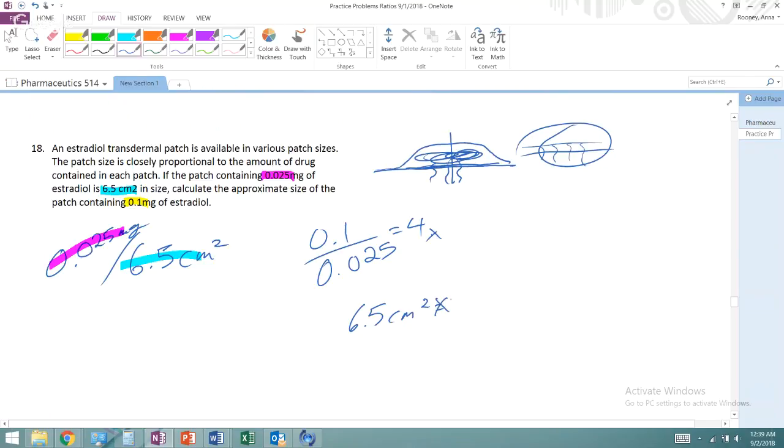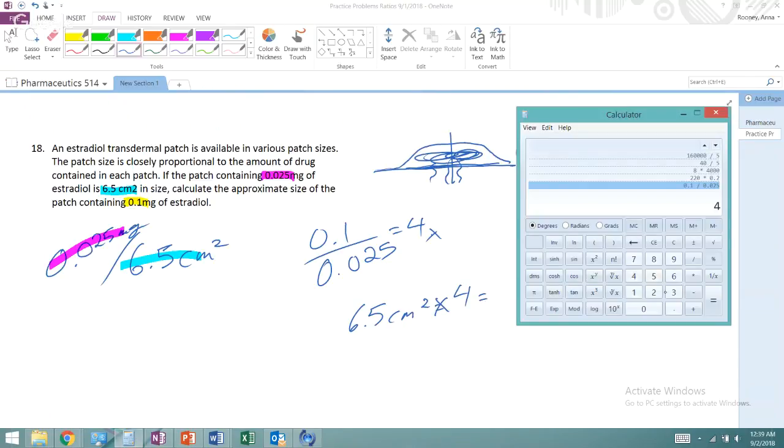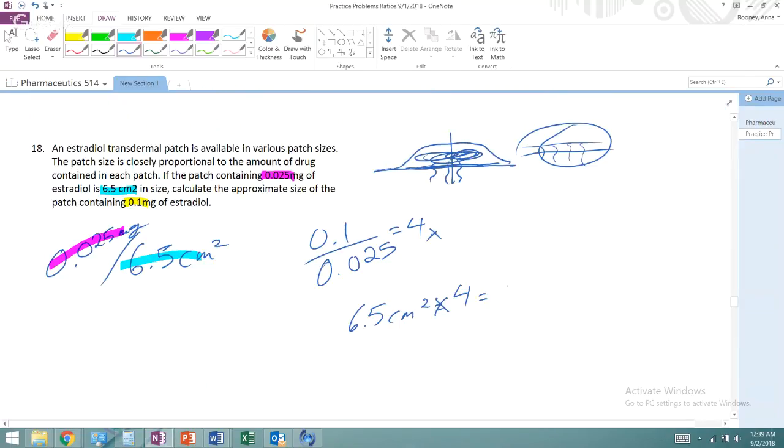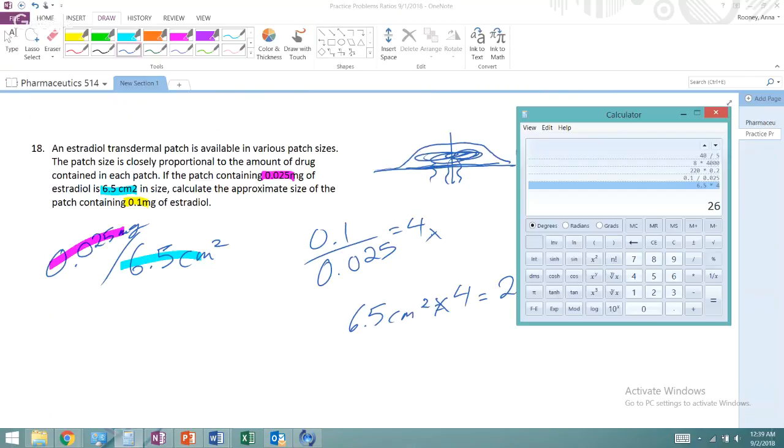So that times 4 centimeters squared. I don't know why I'm multiplying in my calculator because I know it off the top of my head.